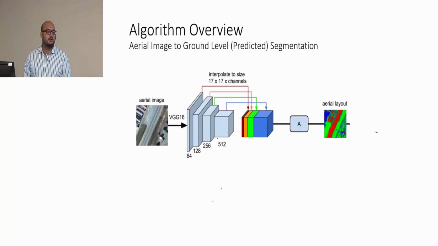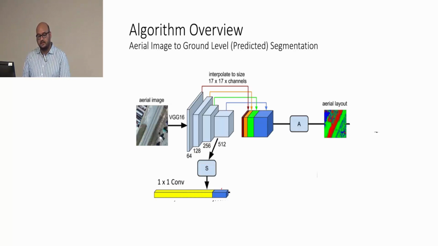We'll go into the detail of network A. And similarly, for the last activation map, the 512 activation maps which are the output of VGG16, we apply another network to these 512 activation maps, and whatever comes out is a 17 by 17 by 1 feature map.